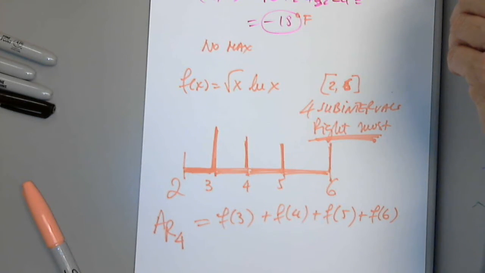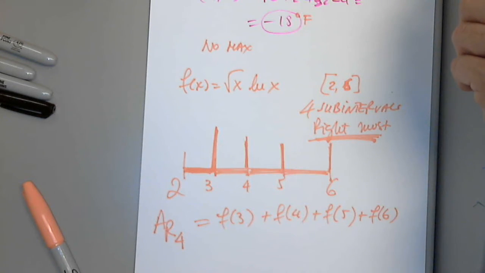So here I have the list of 3, 4, 5, and 6. And on the right hand side, highlight the name of L2, and I want to put the function, the square root of x natural log x: square root, second, L1.